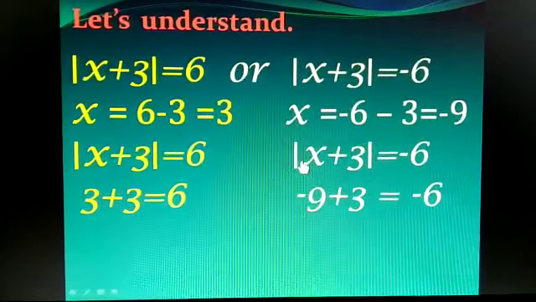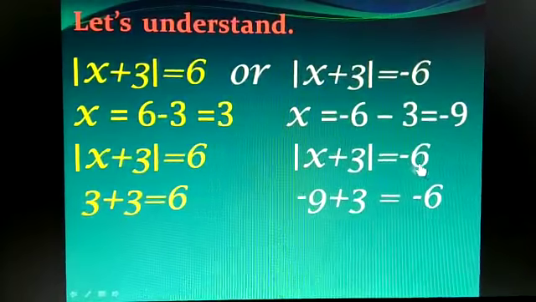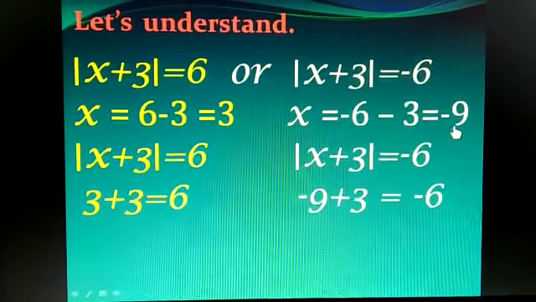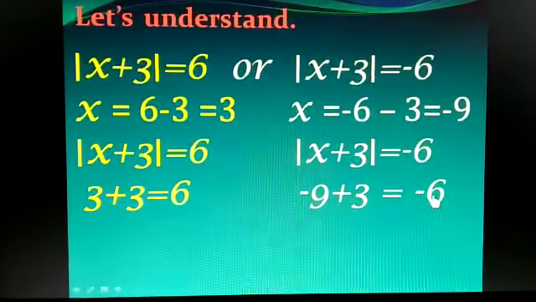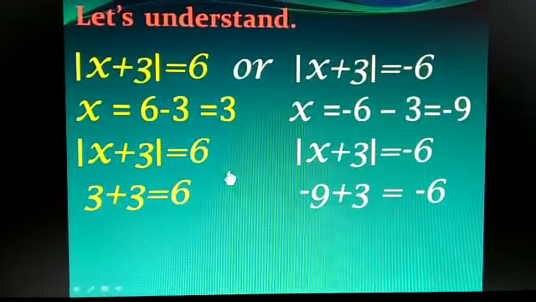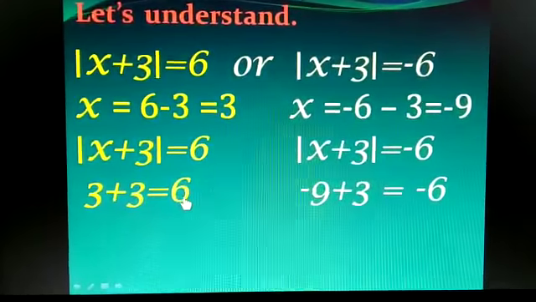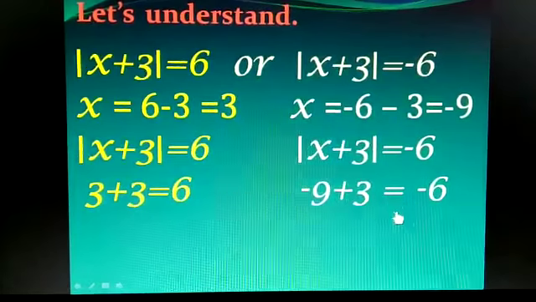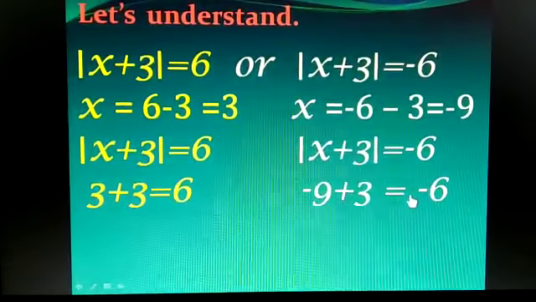Now the x value is minus 9. So minus 9 plus 3 is equal to minus 6. That means both the distances on the number line, from 0 to 6 and 0 to minus 6, remain the same.